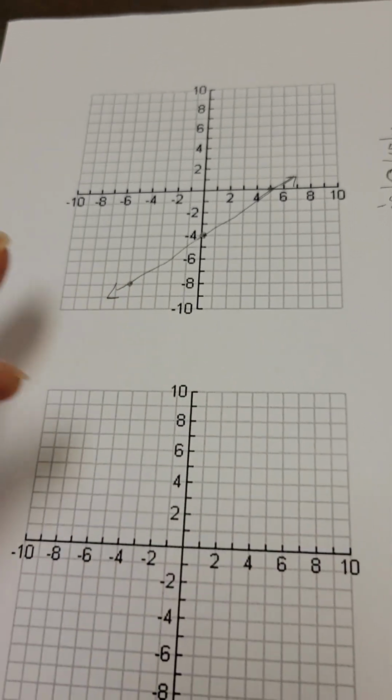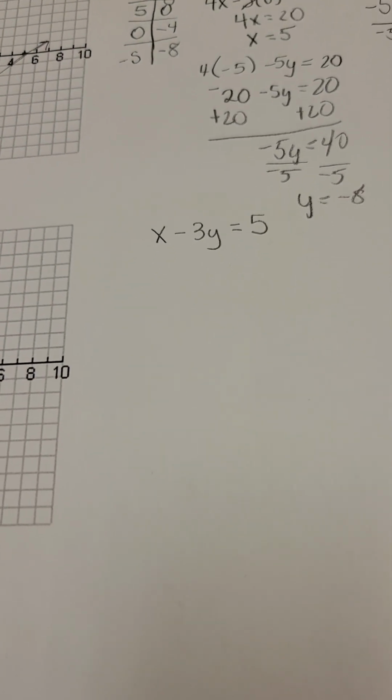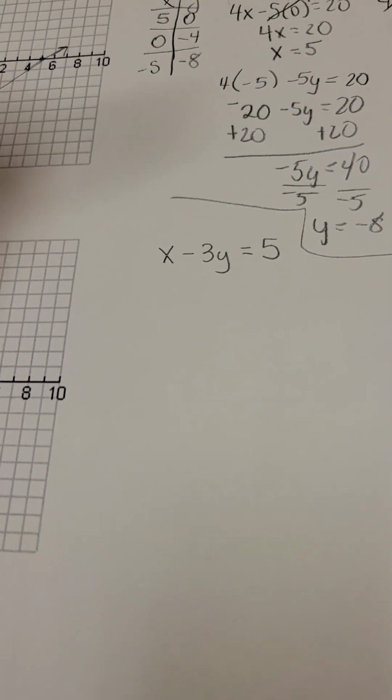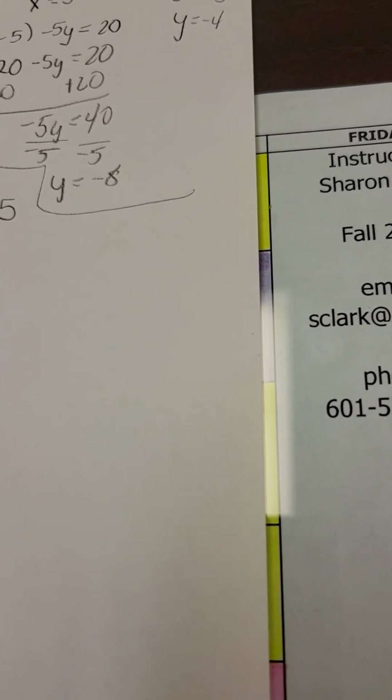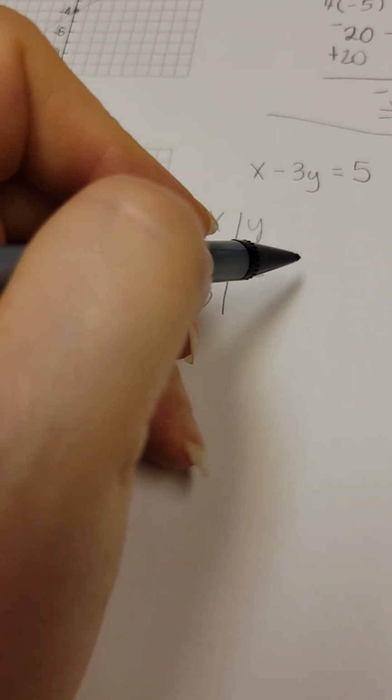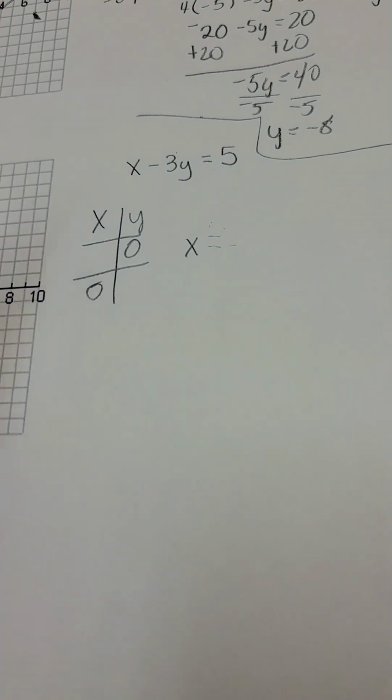All right. Now, sometimes we have a situation like this one. X minus 3y equals 5. Now notice that the 3 doesn't divide into the 5 evenly. If I picked 0 and 0 like we talked about, I would have x minus 3 times 0 equals 5.